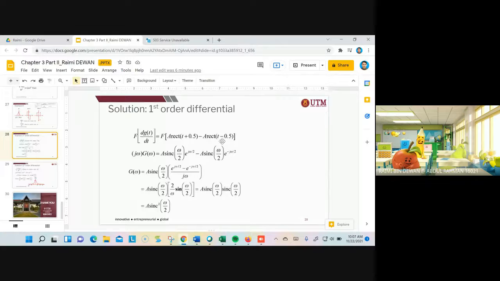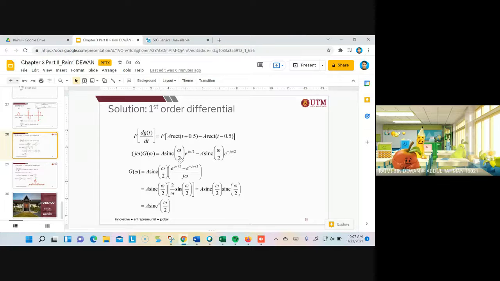This one is delayed to the right, and this one is advanced to the left. Then you perform this one, which is actually minus.